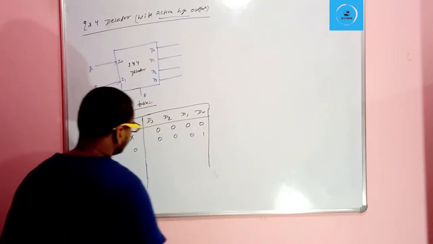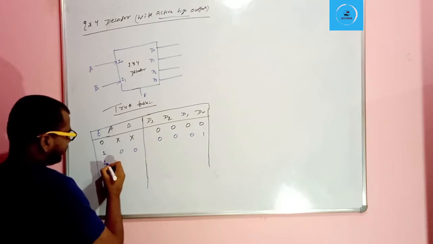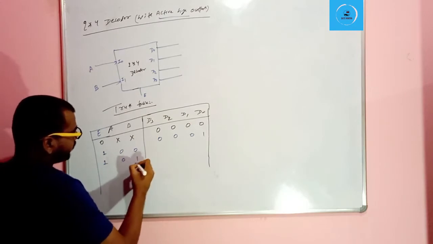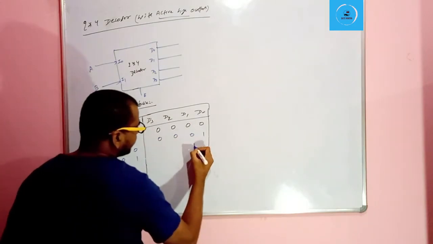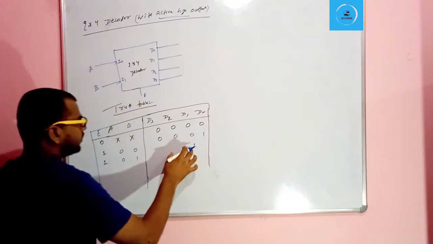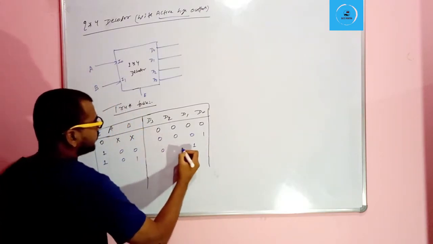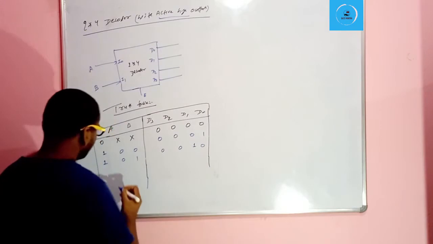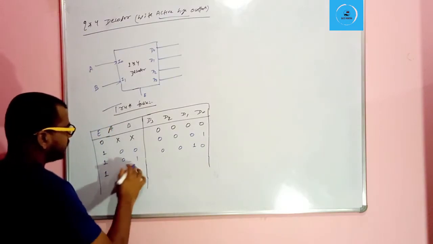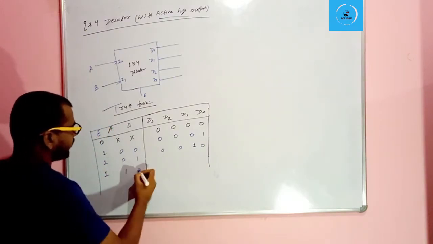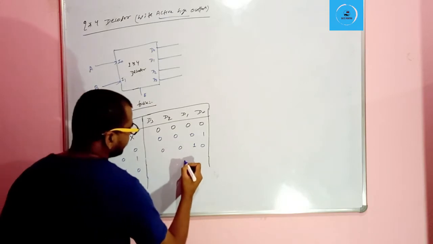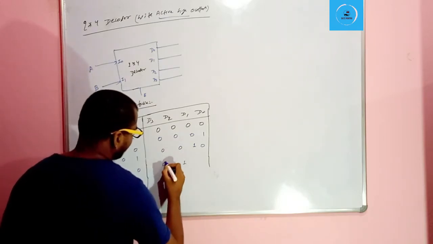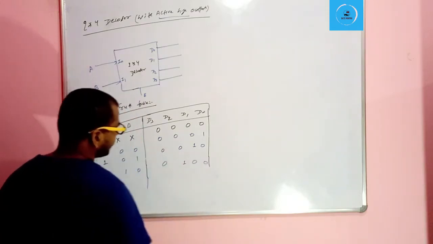If enable is 1 and the input is 0 1, then D1 will be selected and all others will be 0. Now if enable is 1 and 1 0 is our input, then D2 will be selected and all others will be 0.